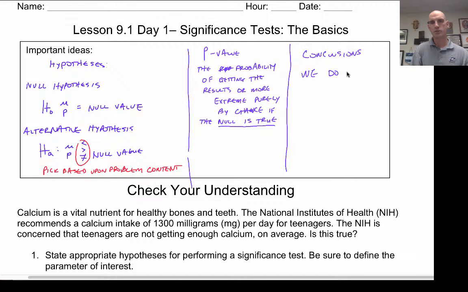We do or do not have convincing evidence against the null.